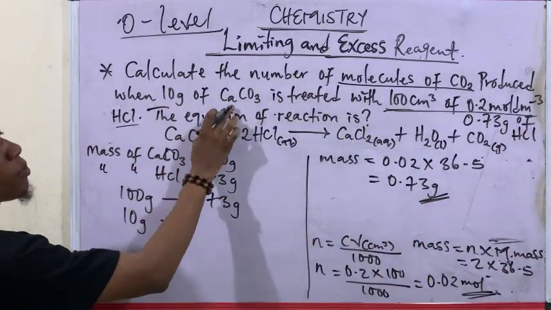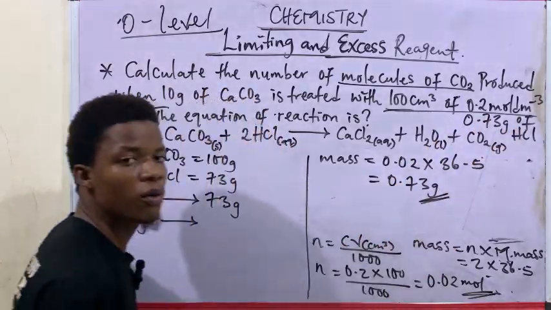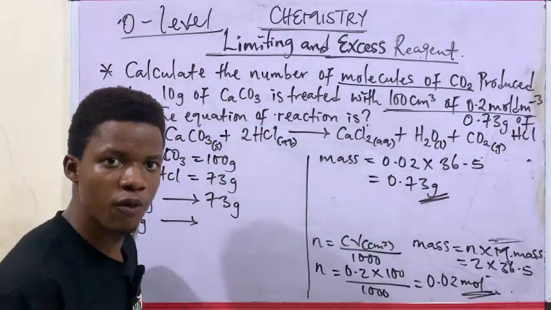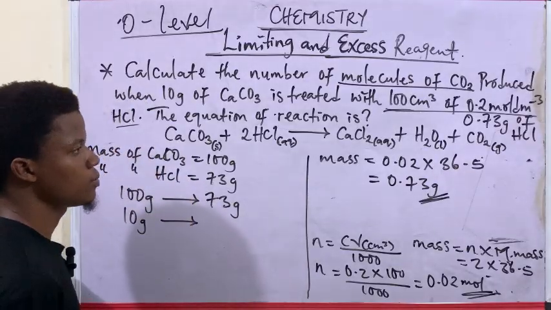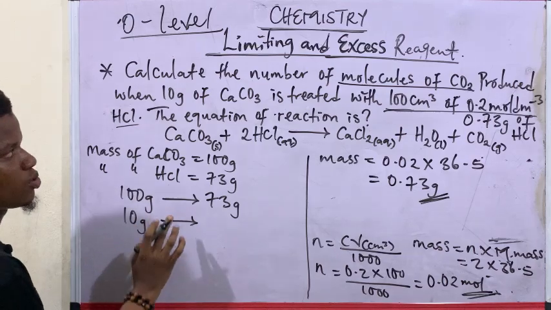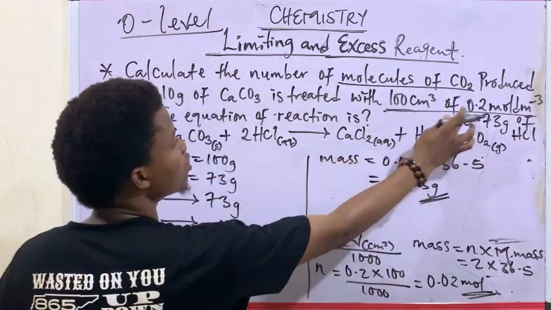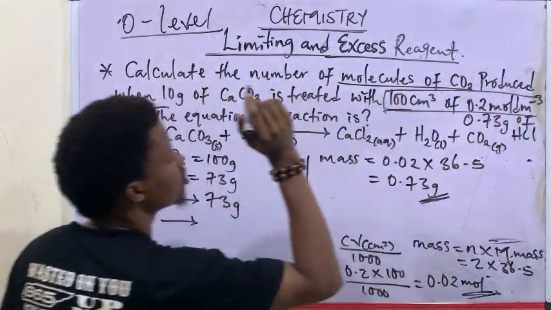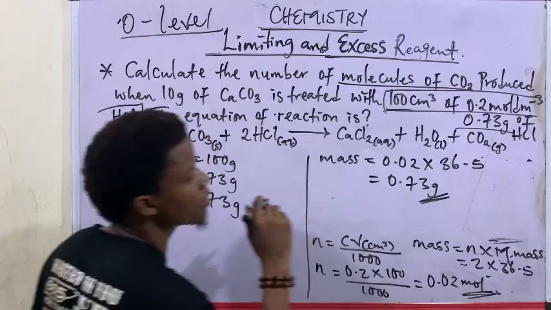So 10 gram of CaCO3 is treated with 0.73 gram of HCl. Please don't get lost, follow me. In the question, we are given 10 gram of CaCO3 treated with 100 centimeter cube of HCl, which we resolved to 0.73 gram.